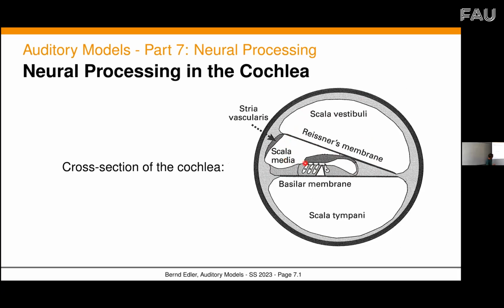The ions can't easily get out of this middle part, which is called scala media. So in normal cases, there would be some kind of potassium ion concentration here.